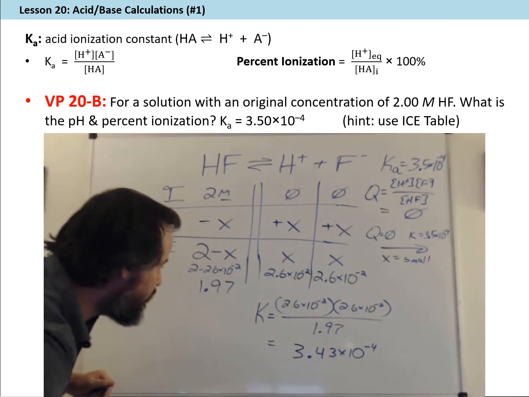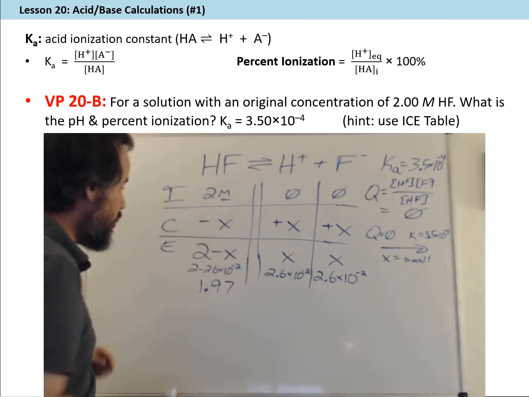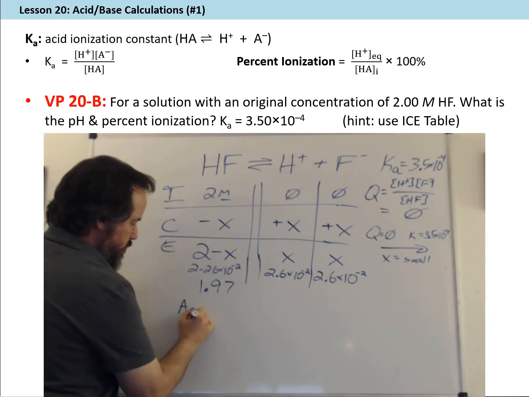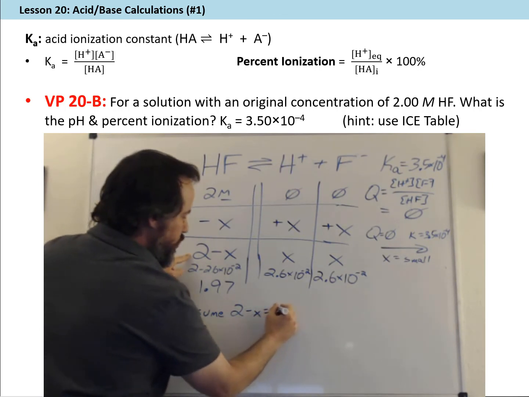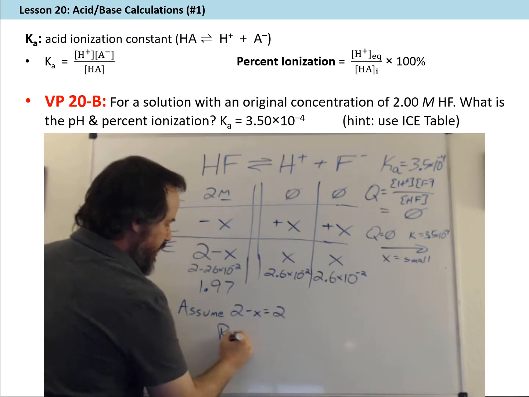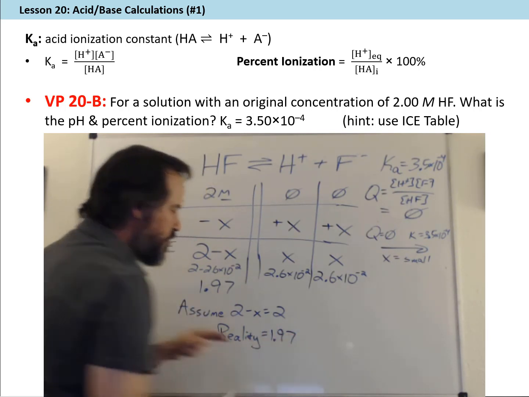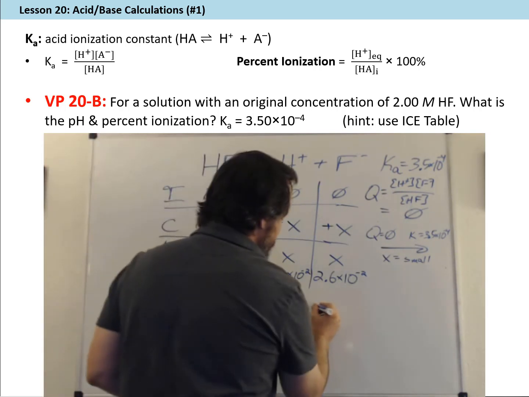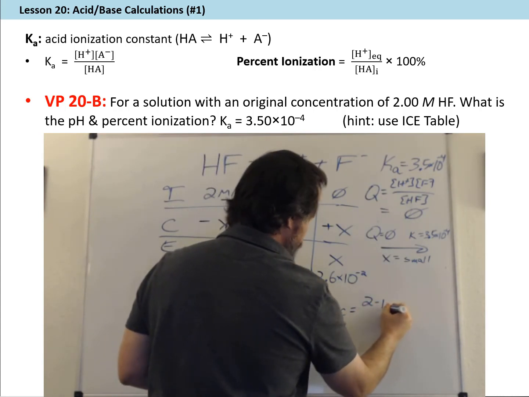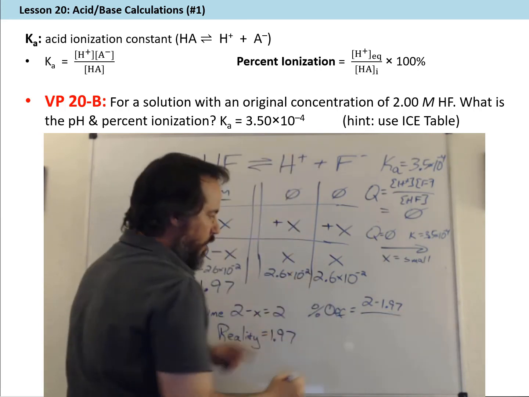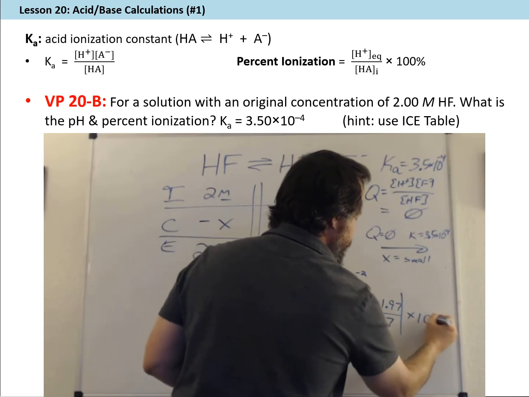And now, let's do the last thing we want to do, which is check our work, right? We assumed that 2 minus x equals 2. In reality, it equals 1.97. So we need to check this. So I'm going to say percent off equals 2 minus 1.97 over the actual value times 100%.